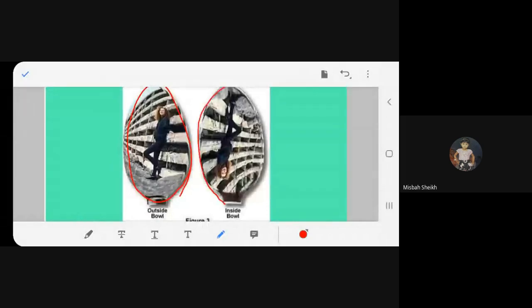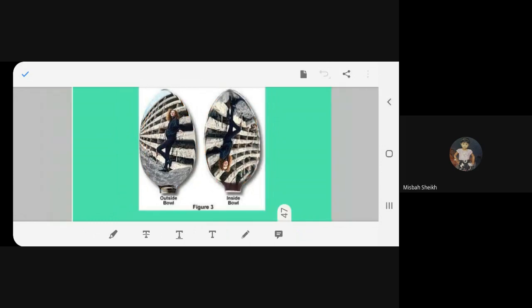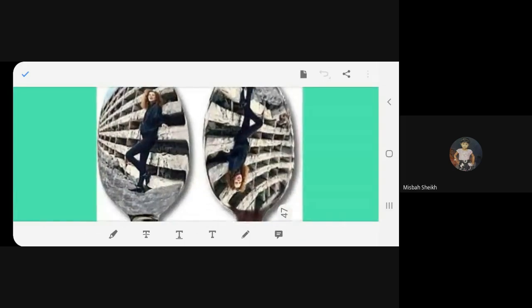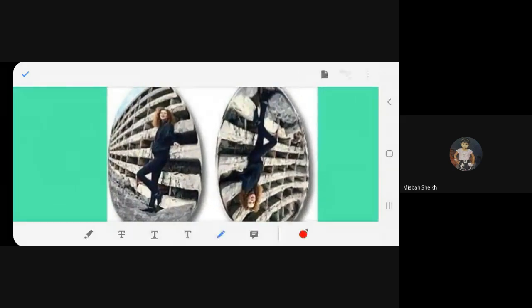Can you see this? Yes. Inverted. So outside the spoon it behaves differently, and inside it behaves differently. Got it now, beta? Yes, ma'am. So this is the convex surface. This one is convex. This is concave. You got it now? Yes, ma'am.